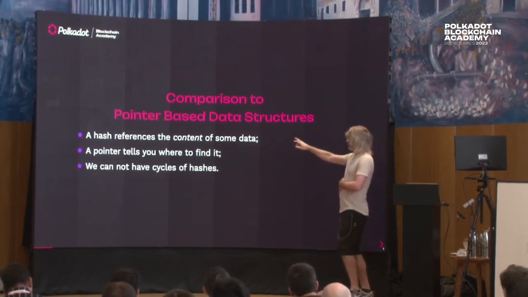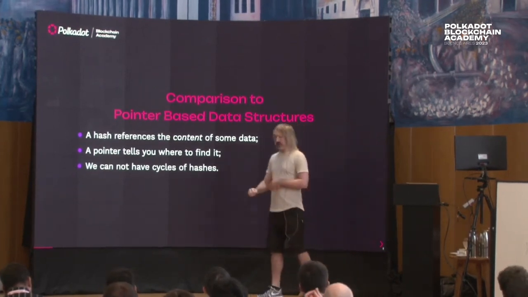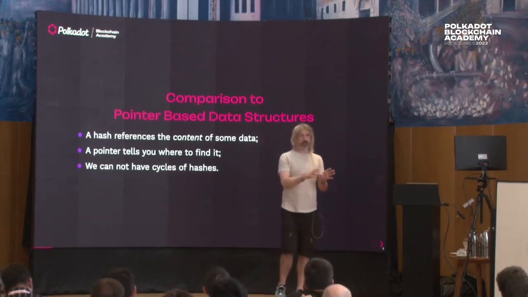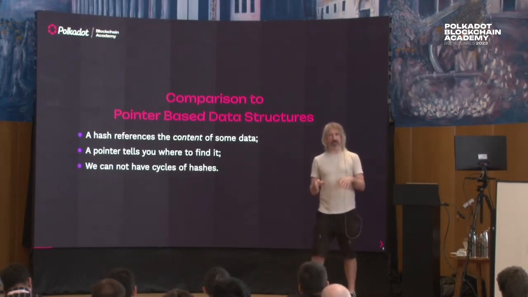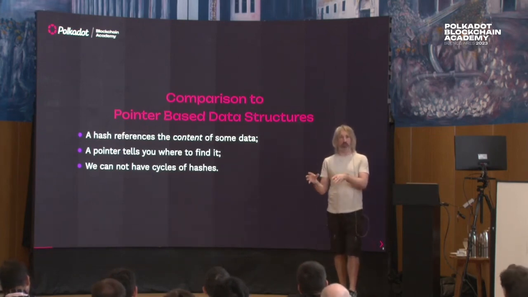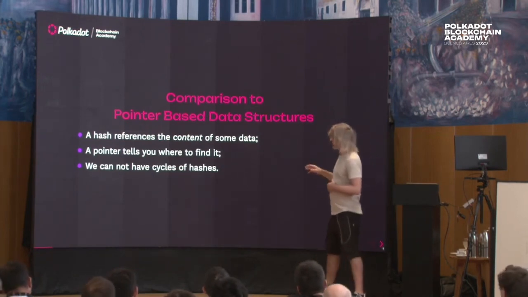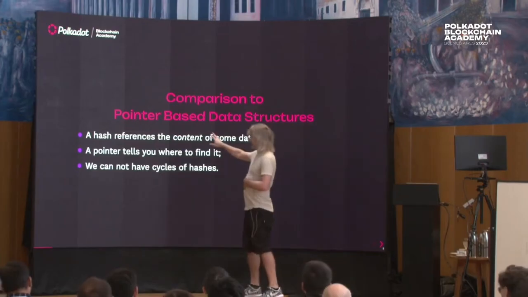An interesting difference between referencing information by its content versus referencing information by its location or position is that if you're doing it by its position, you can have cycles. You can have a piece of data which stores or references another piece of data which is itself, right? You can actually have a one-item cyclic linked list.